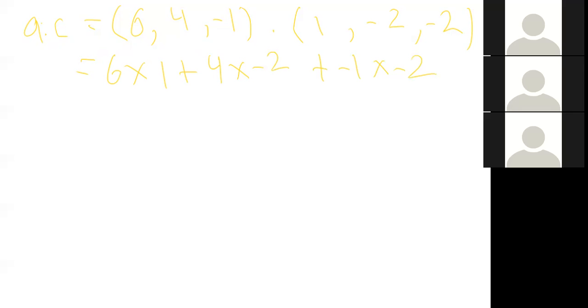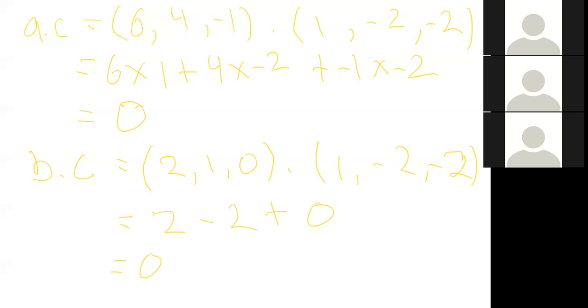So 6 minus 8 plus 2 is going to come out to 0. And similarly for the dot product of B and C, we'll end up with 2, 1, 0: 2 times 1 will be 2, 1 times -2 will be -2, and 0 times -2 will be 0.